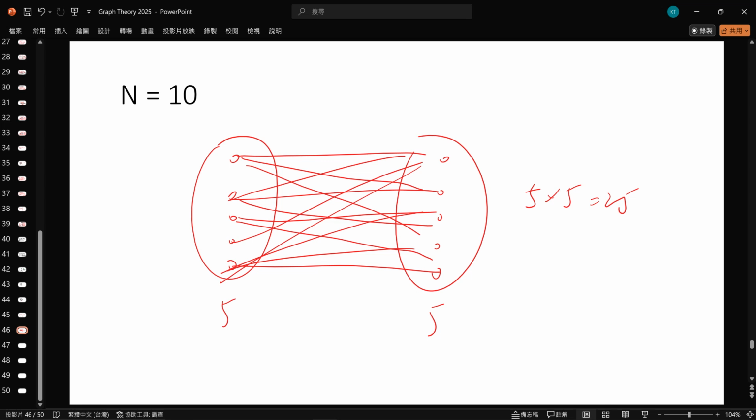That's the only way to create a triangle for this graph. But at the beginning, I stressed that we do not have any edge that connects vertices within the same set. All these edges are between these two different sets. So this graph certainly is triangle free.